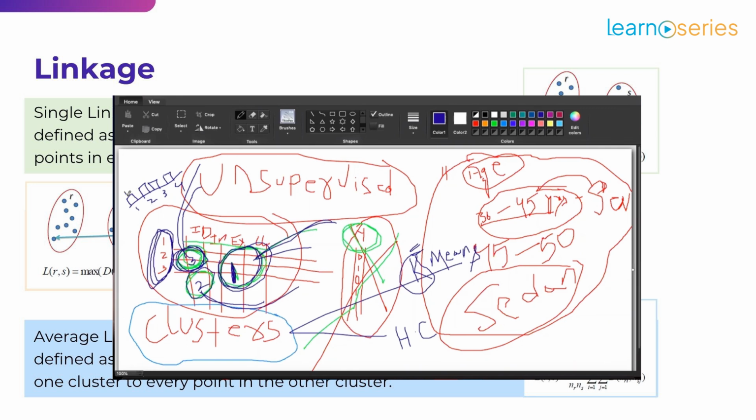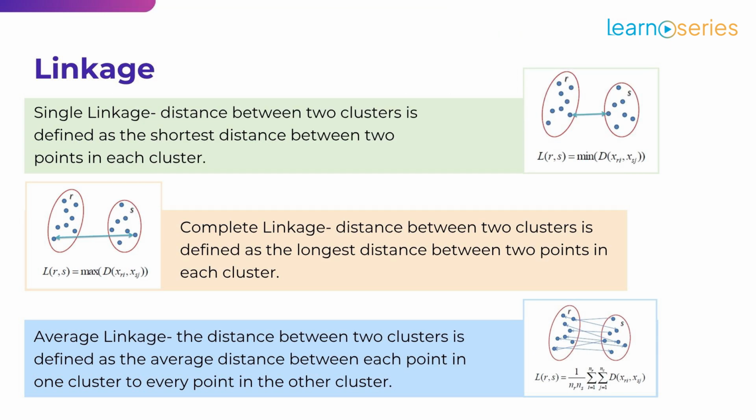Now it tries to merge the customers. It finds that 1 and 2's behavior are almost the same, then it merges them into one cluster. 3 and 4 are almost the same, so it merges them into another cluster. Then it starts merging again. It takes the distance between points of the clusters.